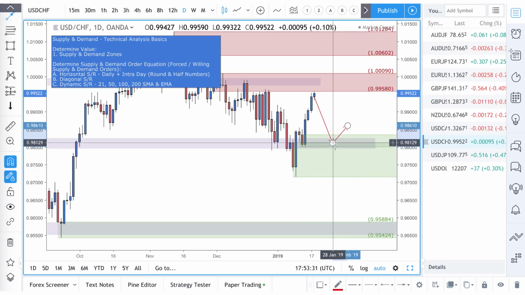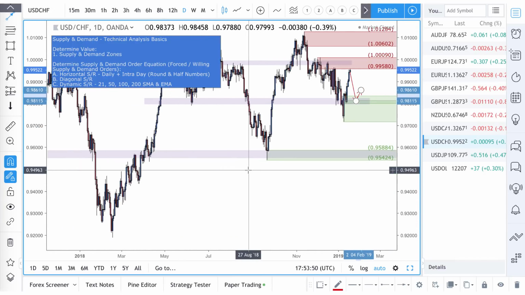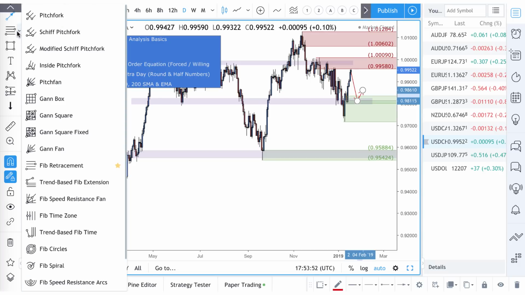So net there should be more demand orders within this area from a technical perspective. And again, we apply our fundamentals and sentiment before we get in. This represents a potential area of value from a demand perspective. So do we have anything else that will support that?